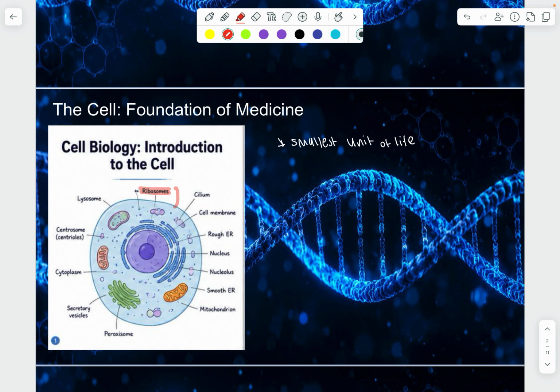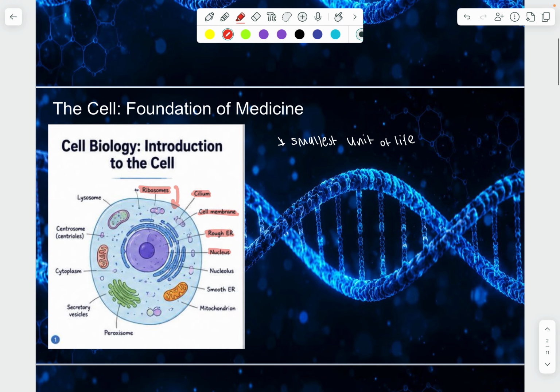A ribosome, a cilium, a cell membrane, a rough ER, a nucleus, all of these components together make up the cell, and then the cell makes up that smallest unit of life. But what is important to know are these components, so you should have a basic understanding of them.